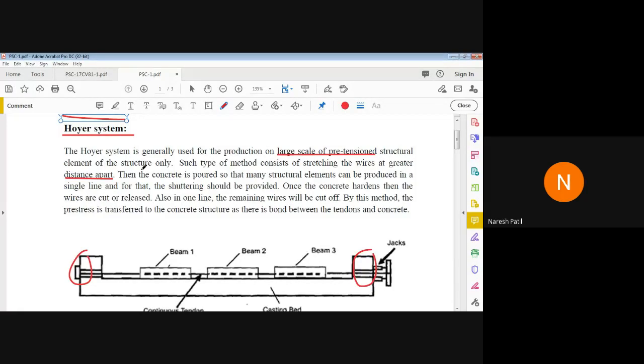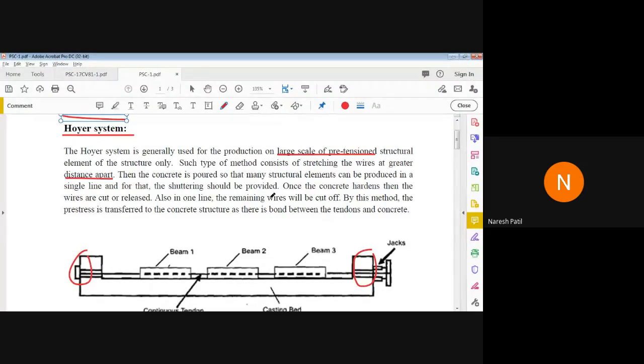Then the concrete is poured so that many structural elements can be produced in a single line. For that, shuttering should be provided. In large scale, the number of elements should be cast on site.